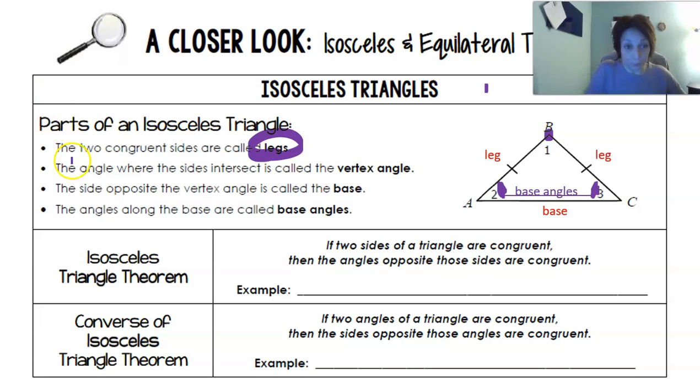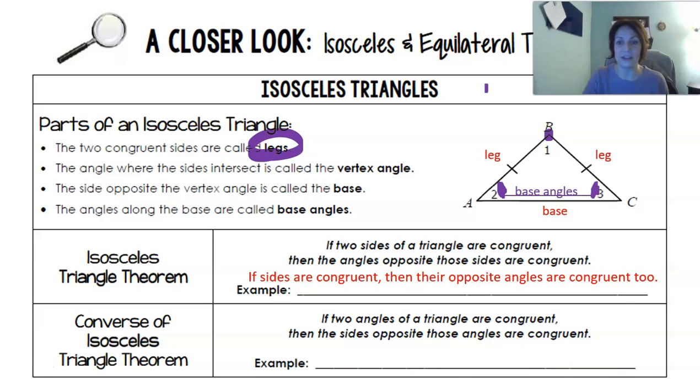Okay, so of course geometry has to make everything seem fancy, so we call this idea that if the legs match, the angles match, the isosceles triangle theorem. Okay? And it says if 2 sides of a triangle are congruent, then the angles opposite those sides are congruent. Okay, so if the sides are congruent, so are the angles across from them, period. And it works the other way too.